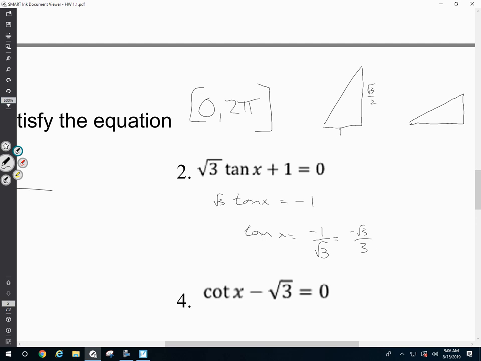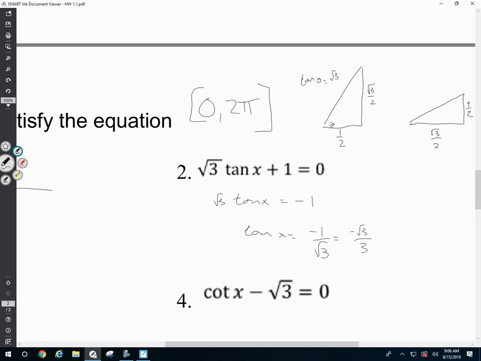Well, I have a situation where I have an opposite over adjacent, which is root 3 over 2 divided by 1/2, or an opposite over adjacent, which is 1/2 divided by root 3 over 2. If I take this divided by this, it'll just get root 3. So the tangent of this angle would just be root 3.